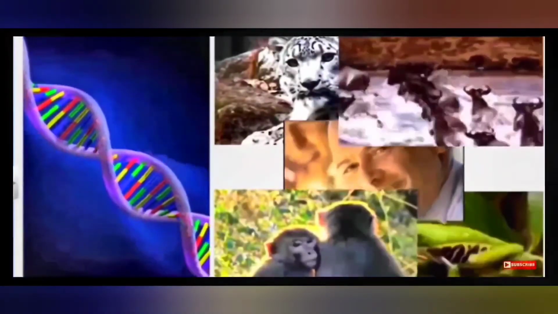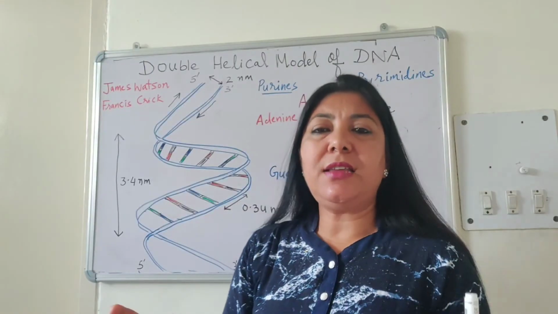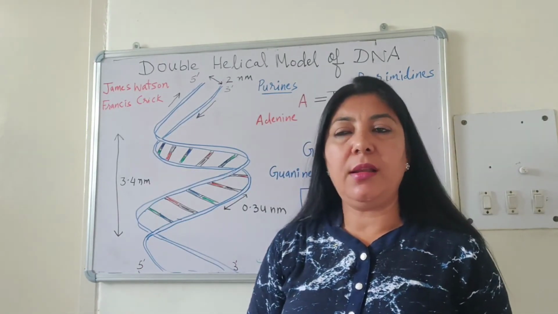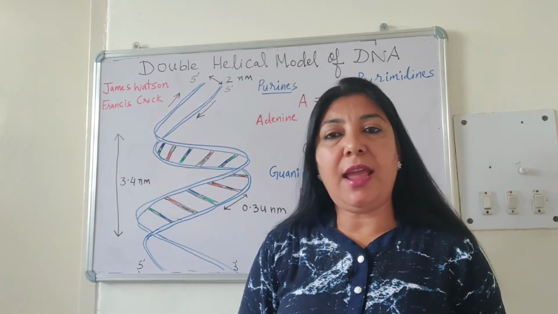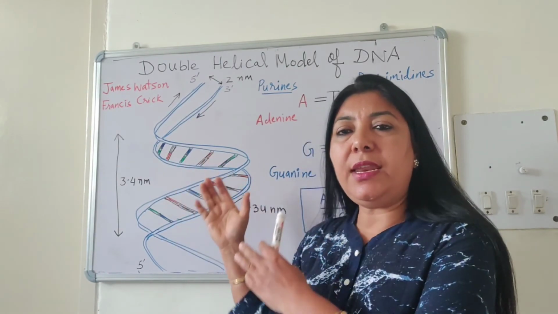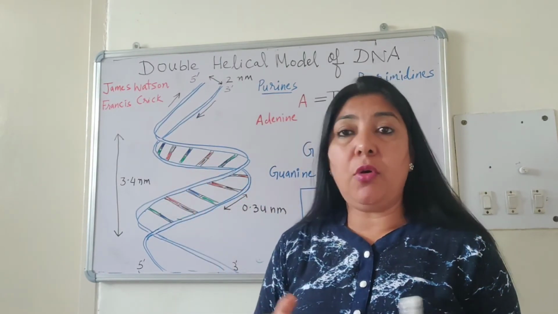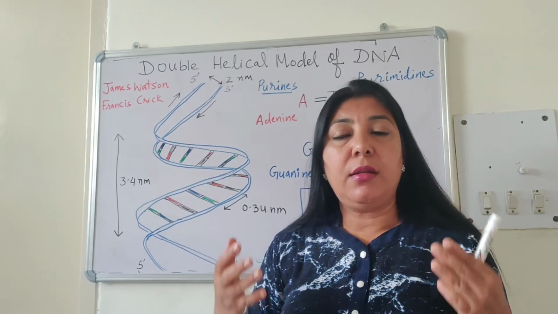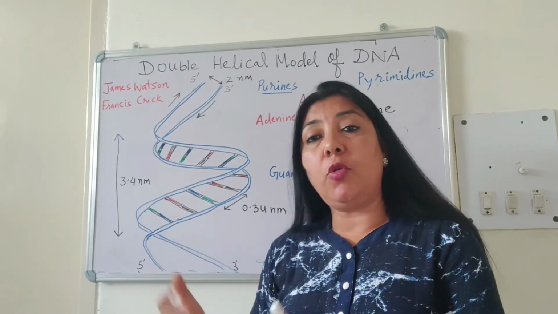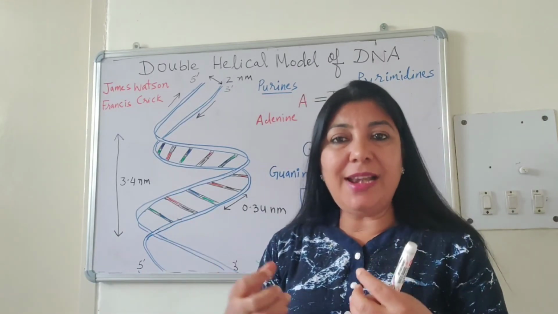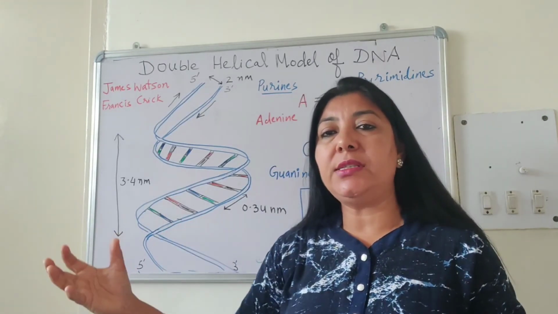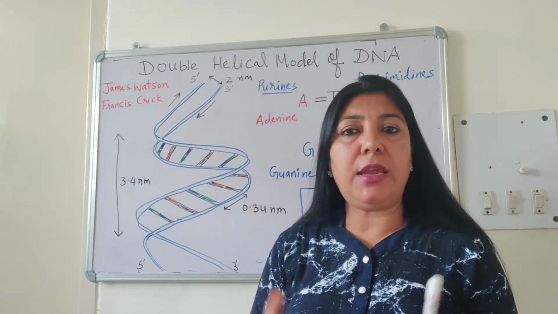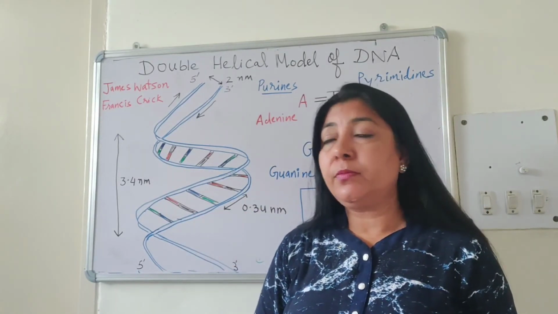Let us now summarize the whole model, that is the double helical DNA model given by Watson and Crick, in a very simple way. You all know that this double helical model, for which they received the Nobel Prize, they only compiled various works done by different scientists of their time, which is again a very remarkable job.